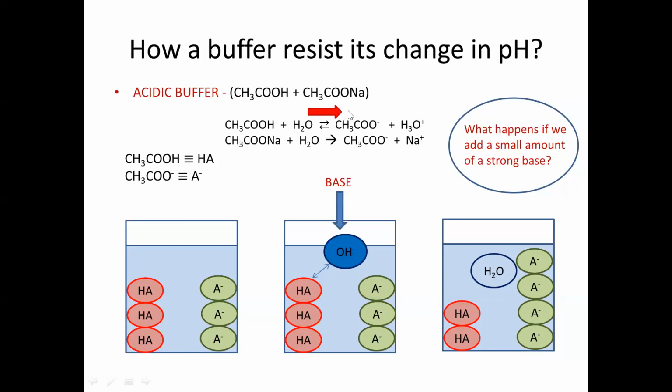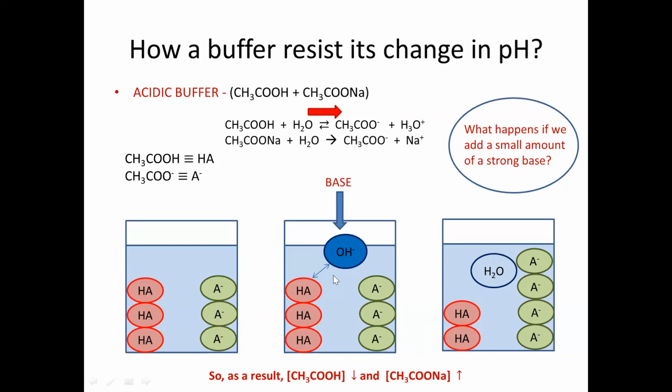Movement in the forward direction means more acetic acid will get converted into acetate ions. So acetate ions will increase in concentration, and the undissociated acetic acid will decrease in concentration. As a result of adding OH minus, we have a decrease in the concentration of undissociated acid and an increase in the concentration of acetate ions.